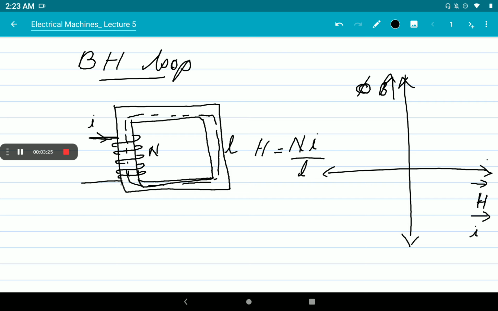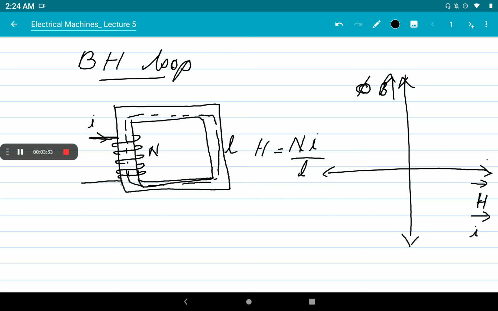Okay. So when a magnetic material, just consider this core, is taken through a cycle of magnetization, the intensity of magnetization and magnetic induction lag behind the magnetic field. Just consider we are giving a current to the coil, and it will magnetize the ferromagnetic core.